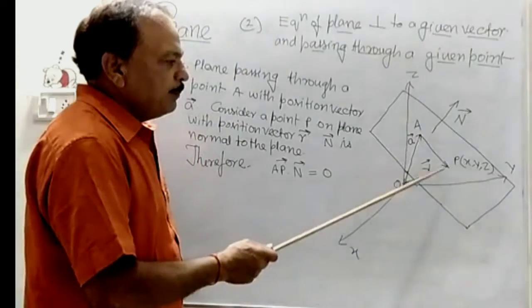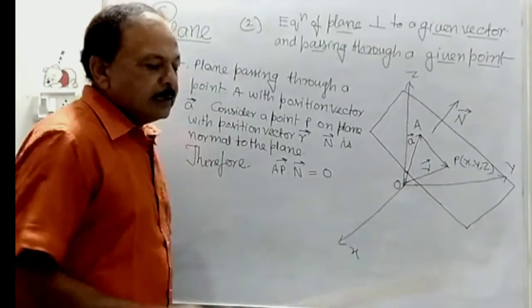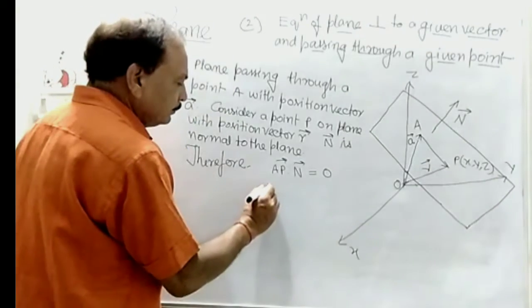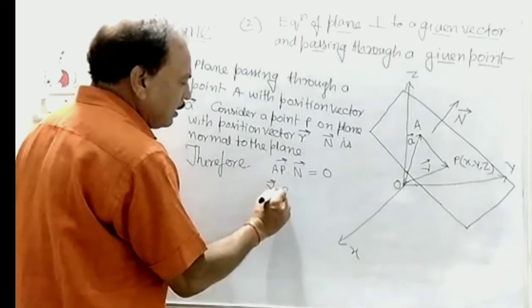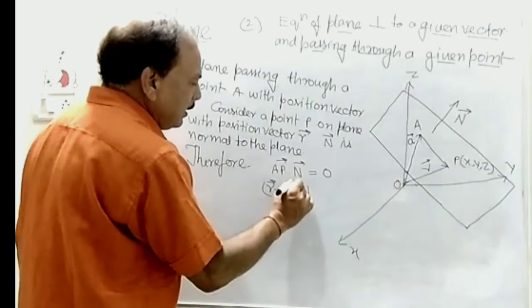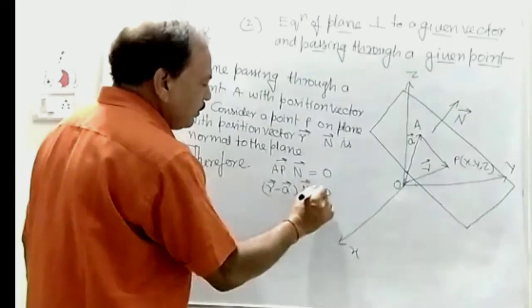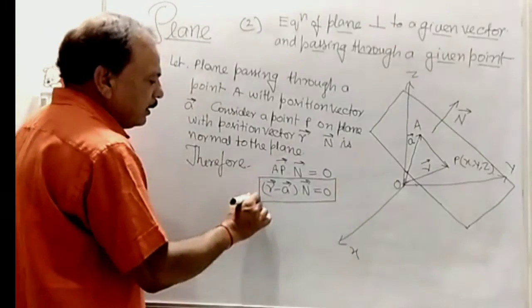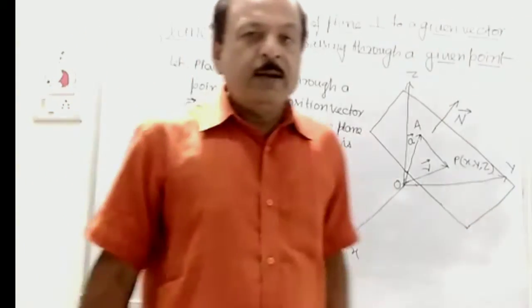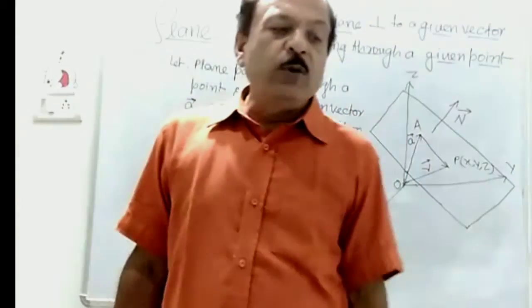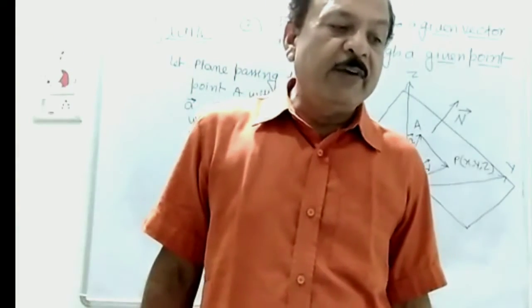AP is R minus A. So vector R minus A dot N equal to 0. So this is the vector equation of a plane passing through a given point and perpendicular to a given vector.